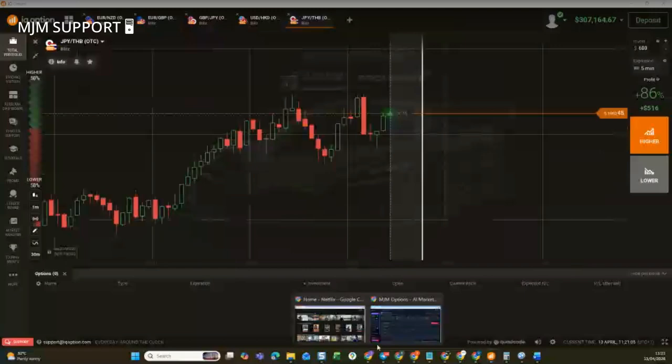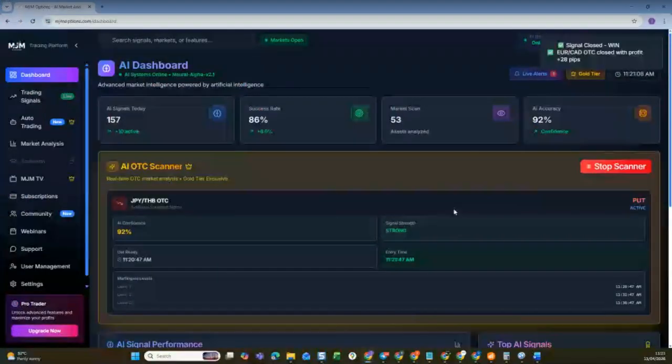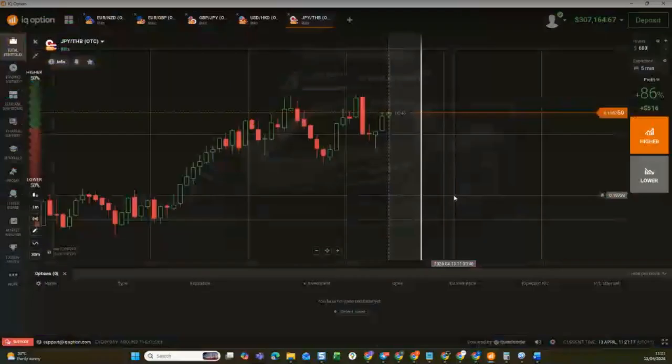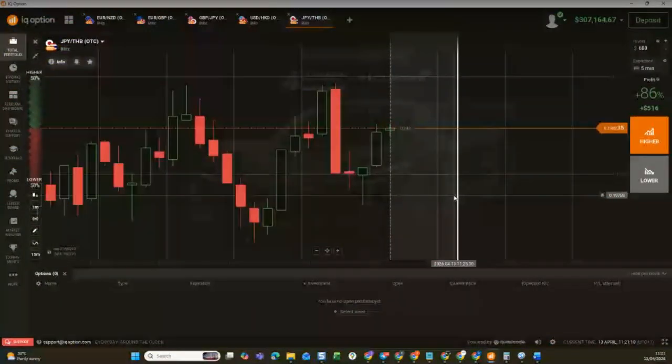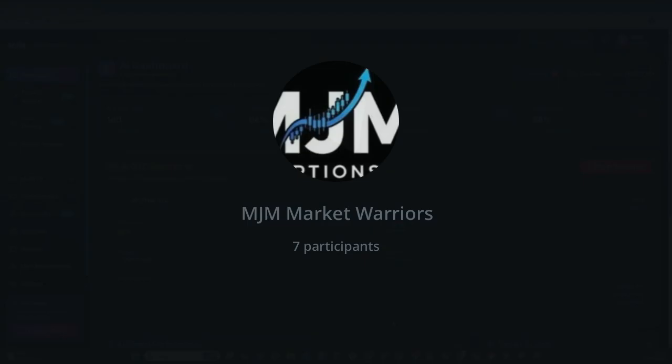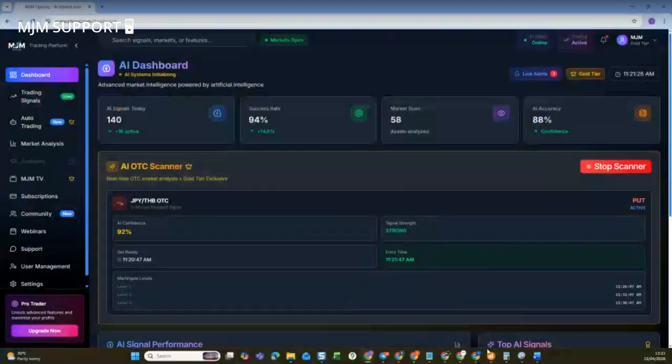We are selling at 11:21:47 seconds. JPY-THB at 11:21:47 seconds. So we have 20 more seconds to go to sell JPY-THB.